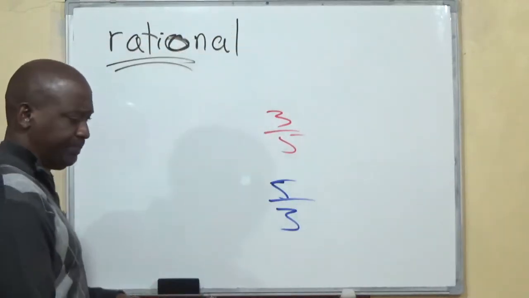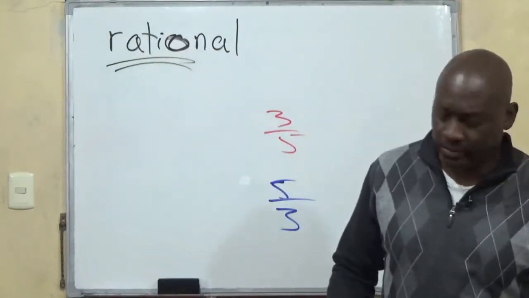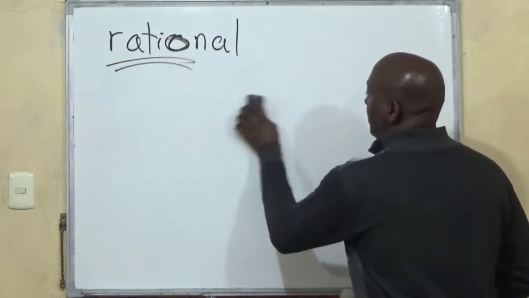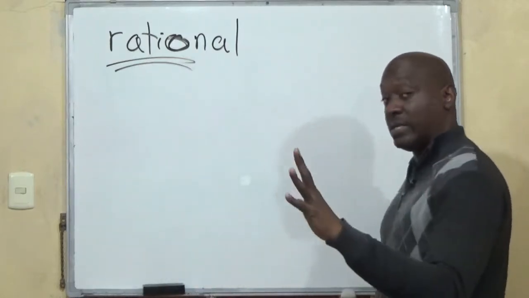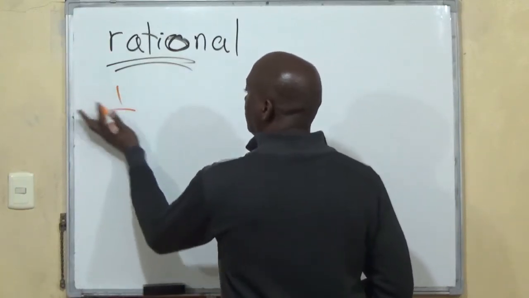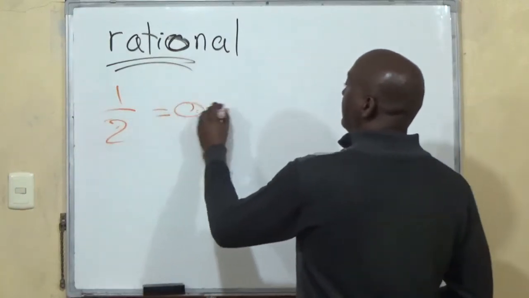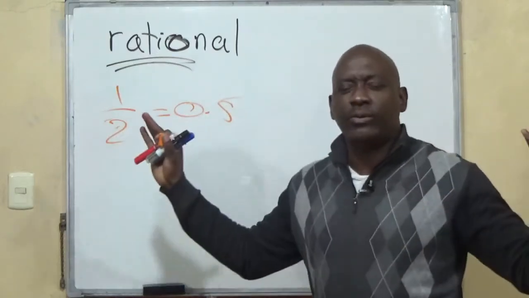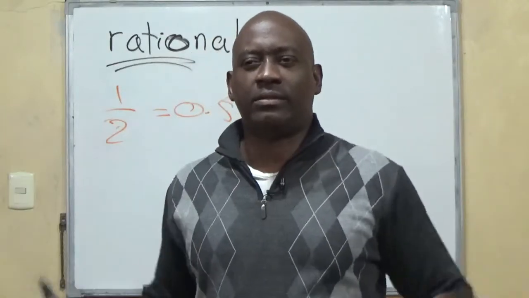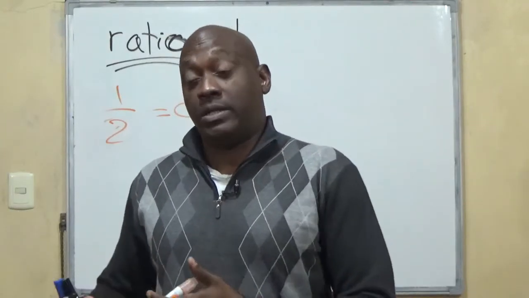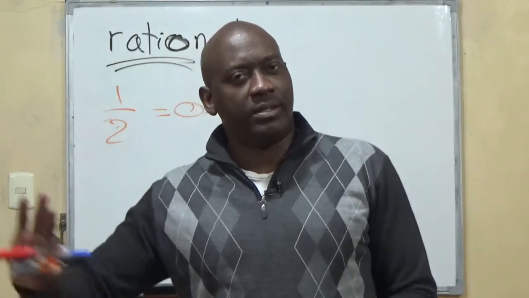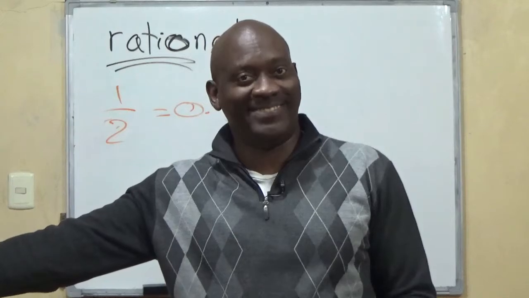So for example, let me go with the examples now. If we say that we have a fraction, which is a ratio, which is a rational number, 1 over 2. As a decimal, we know that that is 0.5. Everybody knows that half is 0.5. Not everybody knows that 3 over 8 is 0.375, but we'll deal with that in another video too.